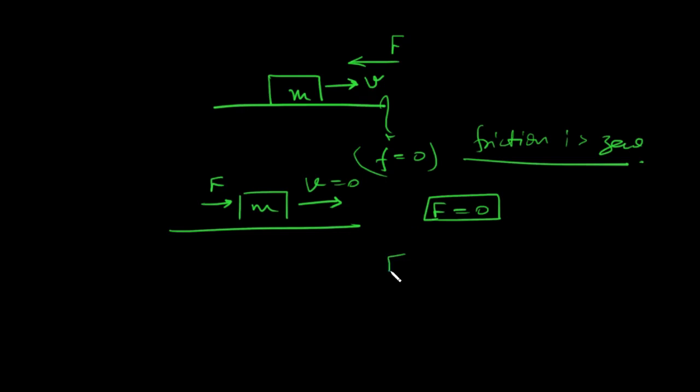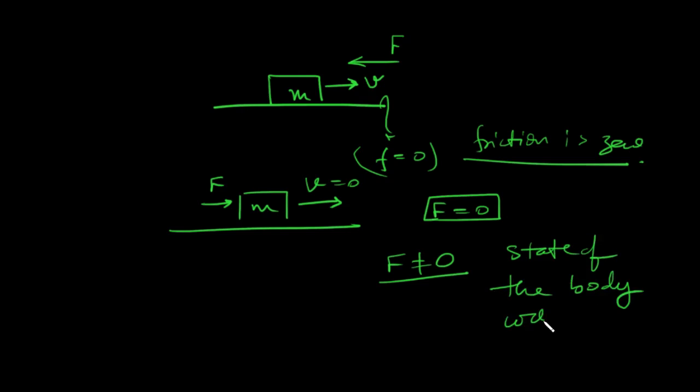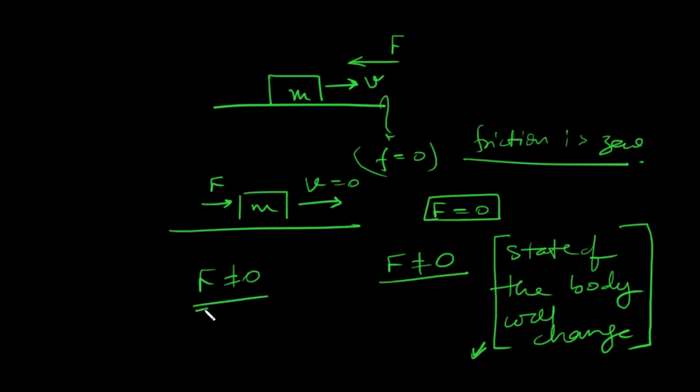But if the force is not 0, the state of the body will change. This is very important because the body is defined by its state. So force should be non-zero for changing the state of body.